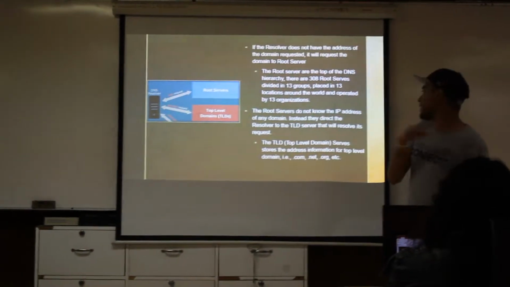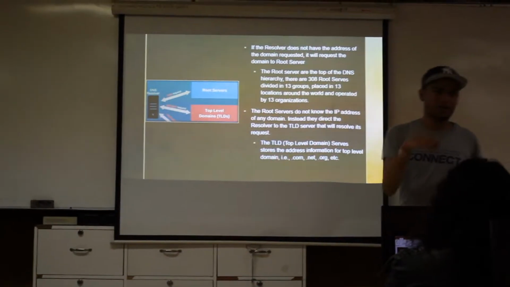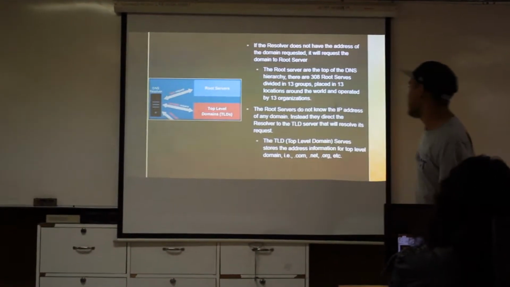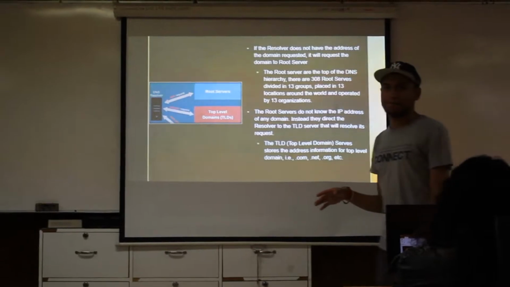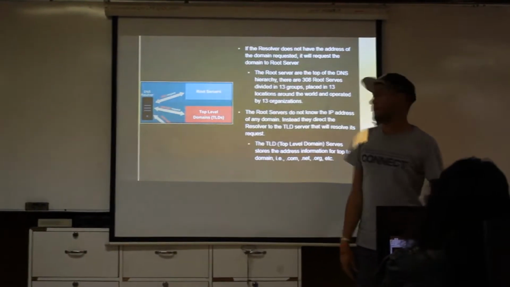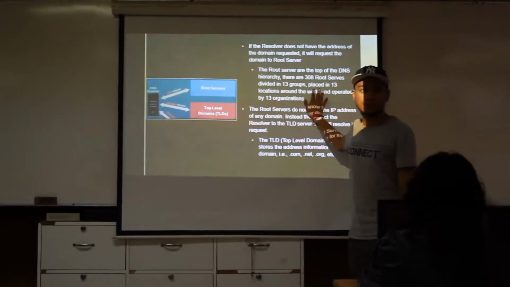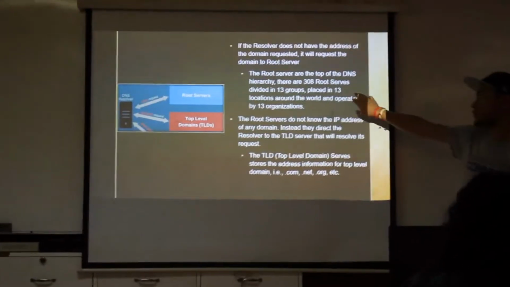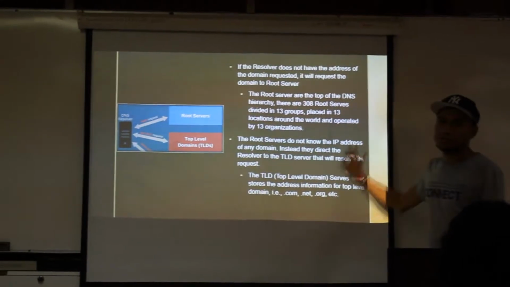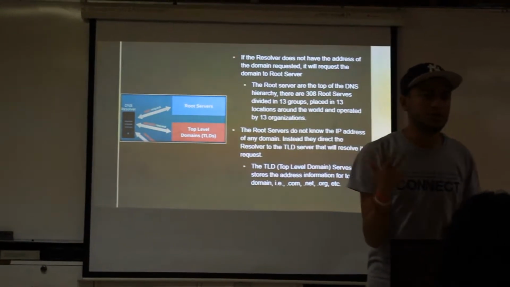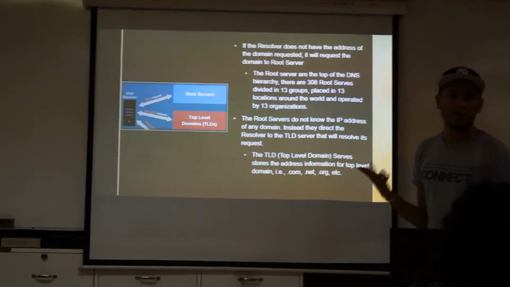Those 13 groups are placed in 13 locations around the world and are supported by 13 organizations. That's the hierarchy of the root server. Any questions about step 3? I mentioned step 1, step 2, and step 3. Any questions about that?